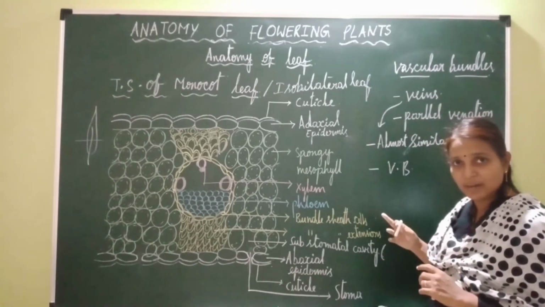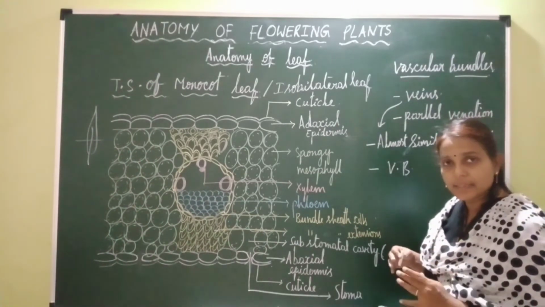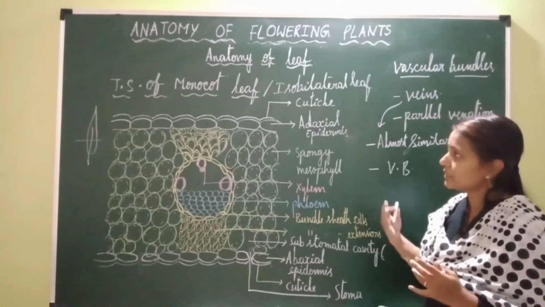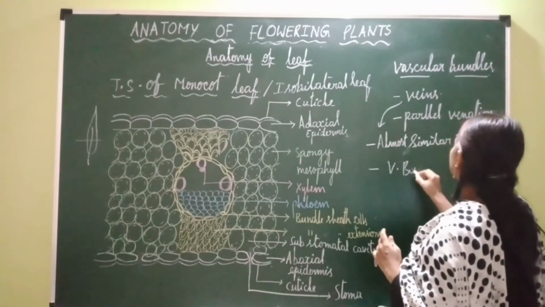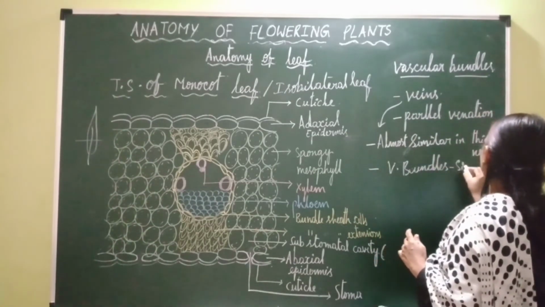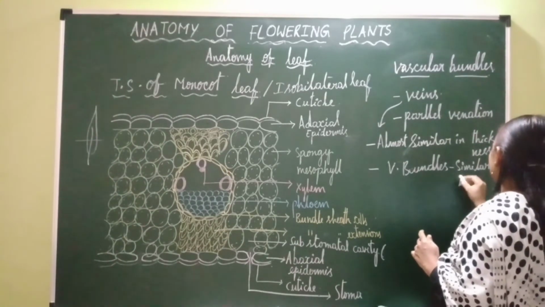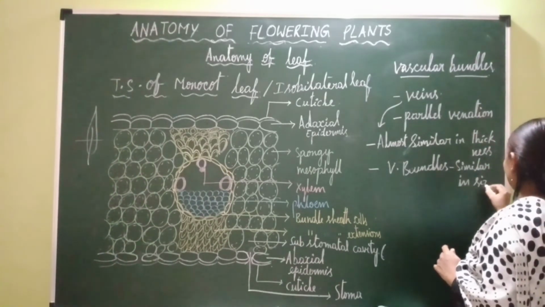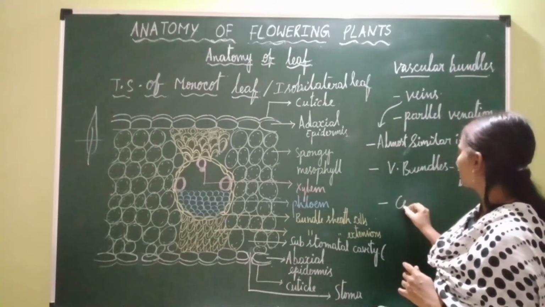But in case of parallel venation, all the veins are almost similar in size, and hence all the vascular bundles present in monocot leaf are almost similar in size, as the leaf is with parallel venation. Right?